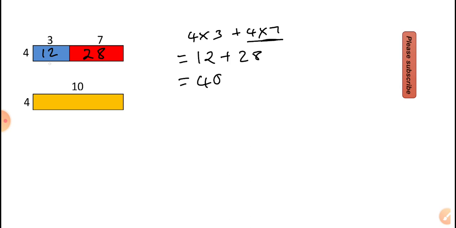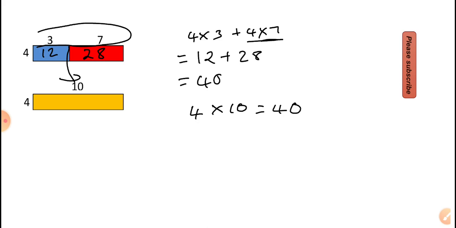Alternatively, we could have just done 3 add 7, and that would just give us 10. So alternatively, we could have just said 4 times 10 is equal to 40. So both ways the answers are correct.